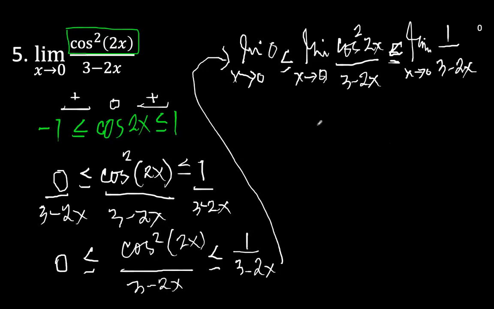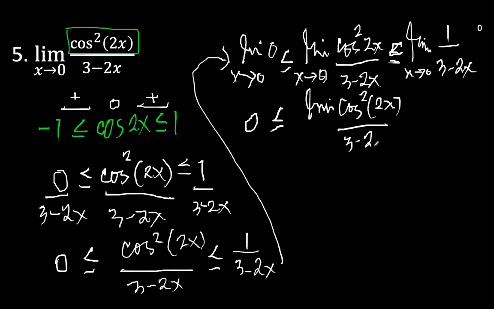Okay, good. So here, the limit of 0 as x approaches 0 is equal to 0. And let's copy the limit of cosine square of 2x over 3 minus 2x as x approaches 0, less than or equal to the limit of 1 over 3 minus 2x as x approaches 0, which is equal to what?